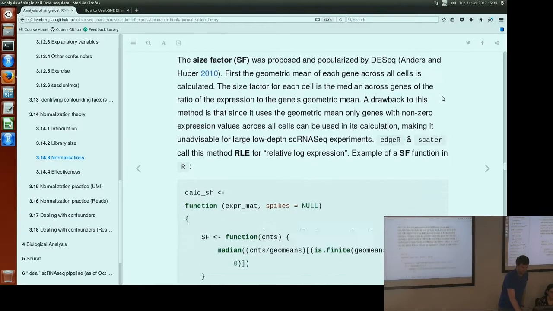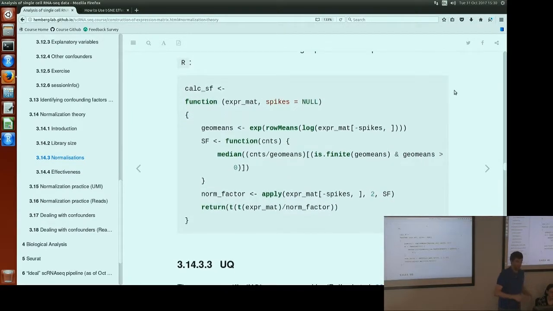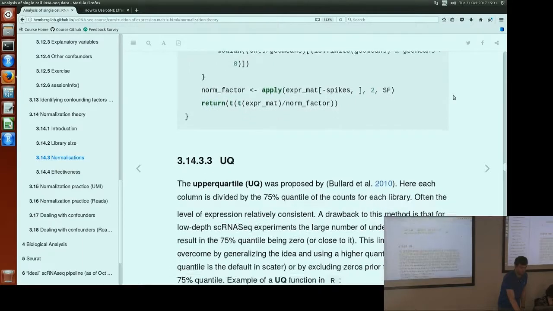There's an example function here of how you could compute that from scratch yourself. But in practice, this is difficult to use for single-cell RNA-seq because in many cases we have a large number of zeros, and this method coming from bulk RNA-seq is not well suited to that sort of data.